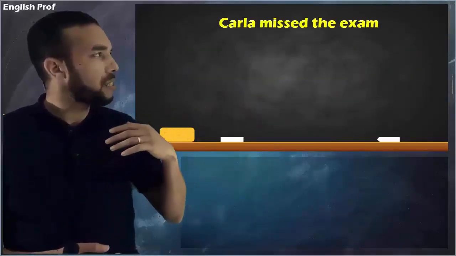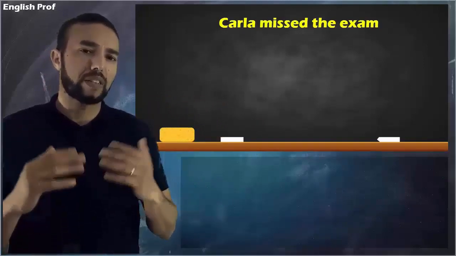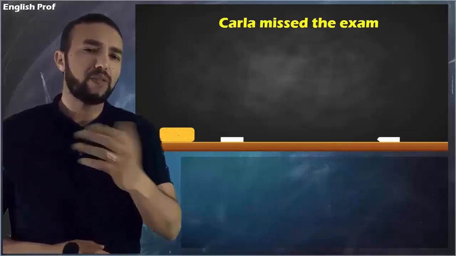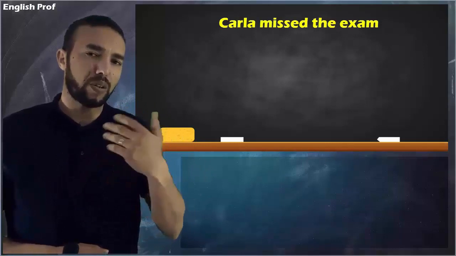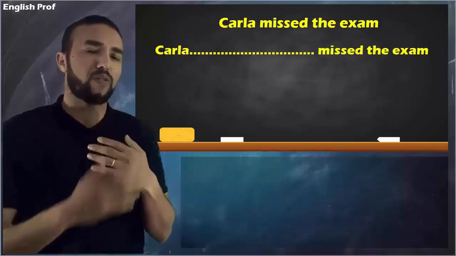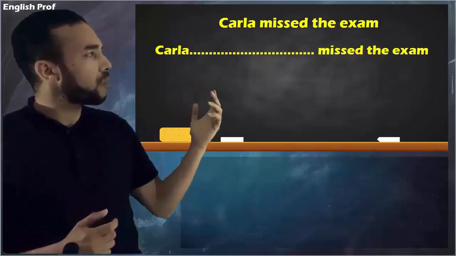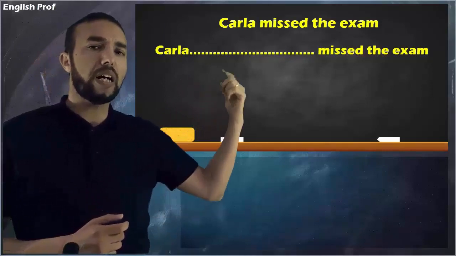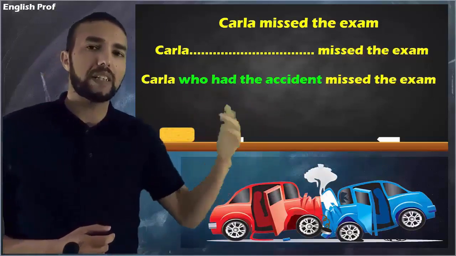Carla missed the exam. If you have one Carla, for example, in the classroom, this one is clear. But what if you have more than one Carla? You have two Carlas or three. You need to specify. You have to give us more information. Who is this Carla? So I could say, for example, Carla, who had the accident yesterday, missed the exam.